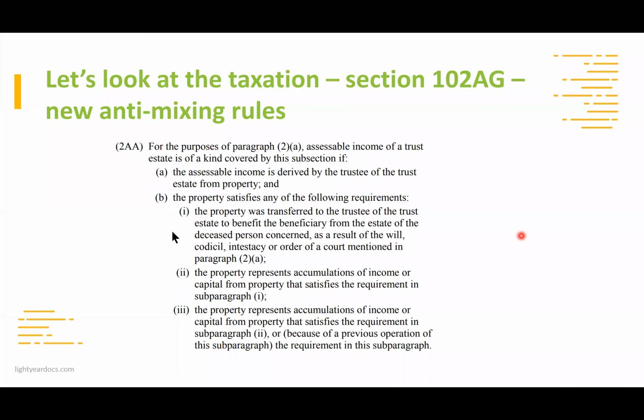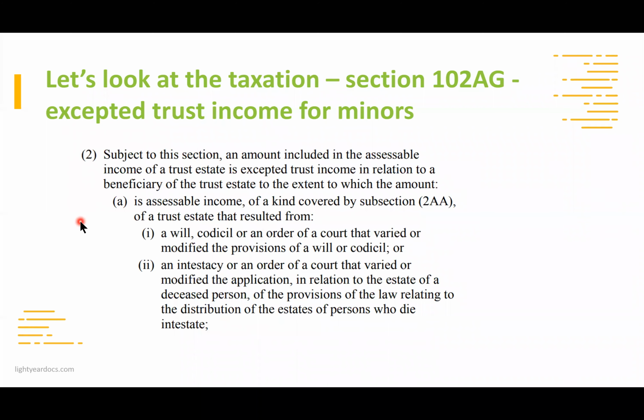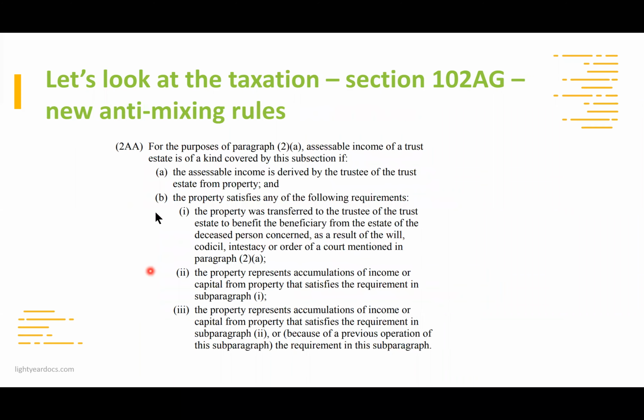So let's go through it, because remember, the prior section requires that the assessable income has to equal what's required under 2AA in order to get the accepted trust income. Does that make sense? So let's go down. For the purpose of 2A, assessable income of a trust estate is of a kind covered by this section. That is, its assessable income is derived by the trustee of the trust estate from property. So there's property that's been settled by the executor into the testamentary trust.